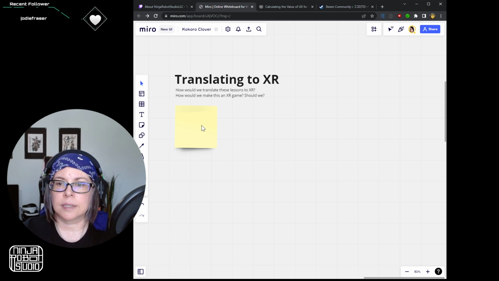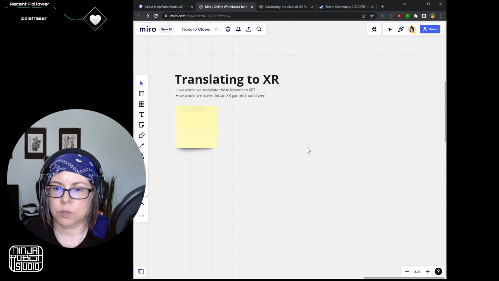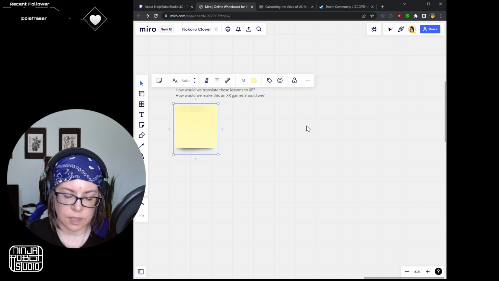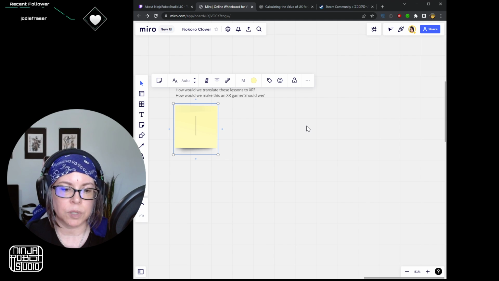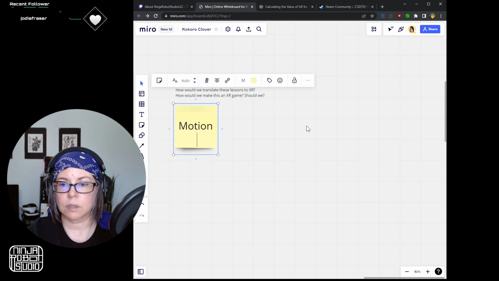So, how would we translate this into XR? One of the most important things to think about always with these games is motion sickness. I didn't have that problem with this one either because it was another 2D platformer. Always consider motion sickness.